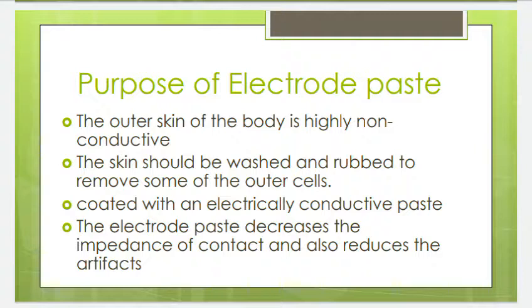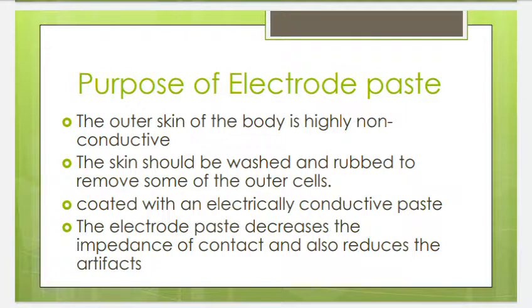The electrode paste decreases the impedance of the contact and also reduces the artifact resulting from the movement of the electrode. Generally, the conductivity of the skin is directly proportional to the moisture of the skin. Even after the application of electrode paste, the contact impedance decreases with the increase of frequency of the signal.